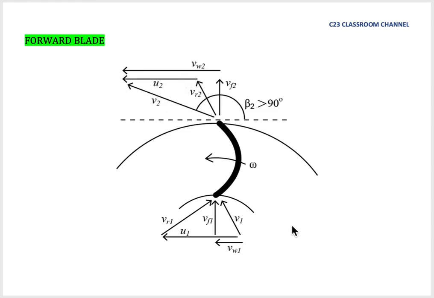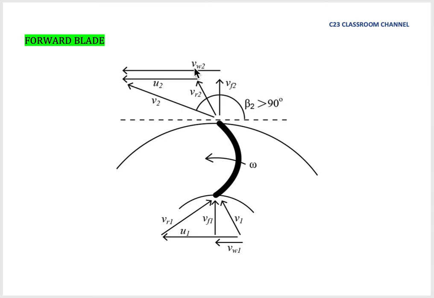Then we draw the flow velocity. It must be in the radial direction. So we draw a straight VF1 here and also VF2 like this. And why can the actual velocity not flow like the theoretical velocity here?